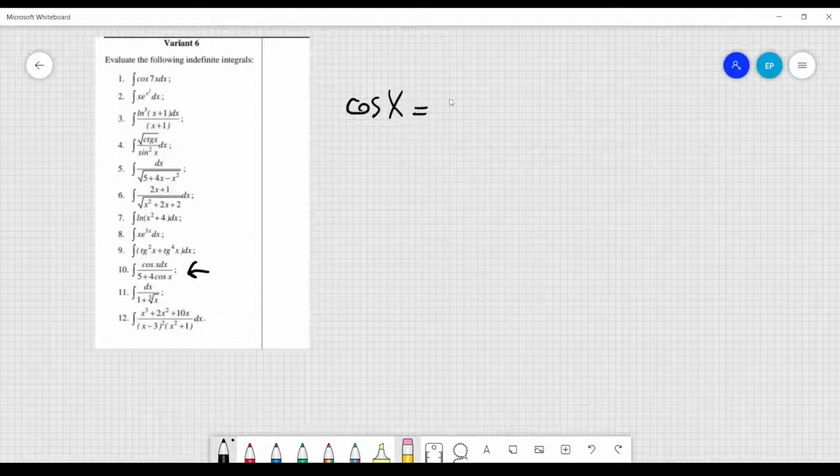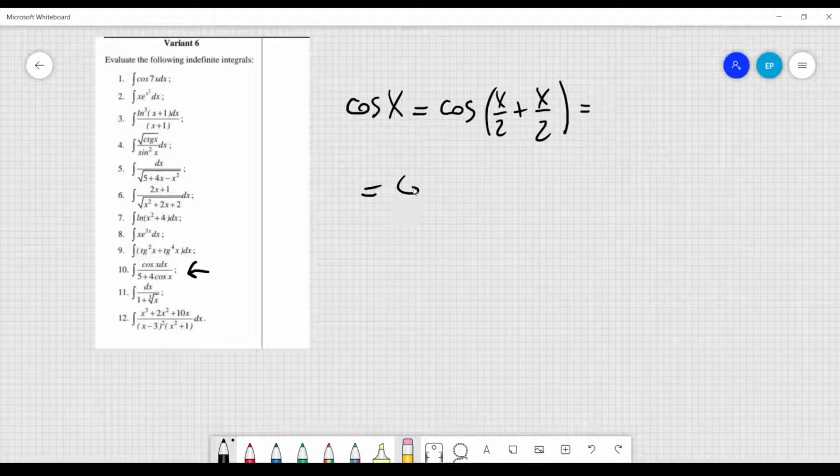In particular, we can rewrite it as cosine of x over 2 plus x over 2, and this is equal to cosine squared of x over 2 minus sine squared of x over 2. Now, let's rewrite this in terms of the tangent.